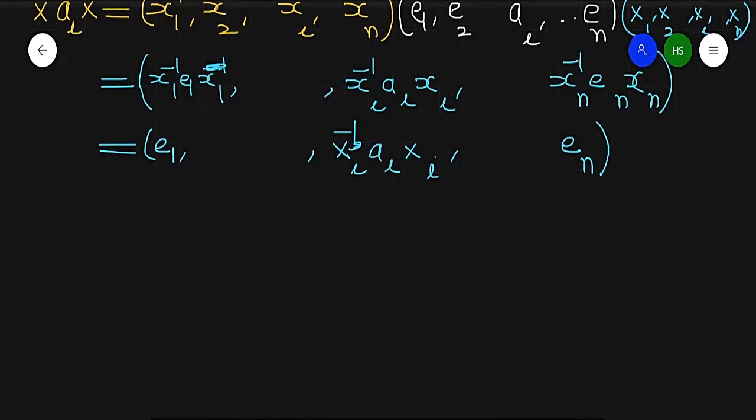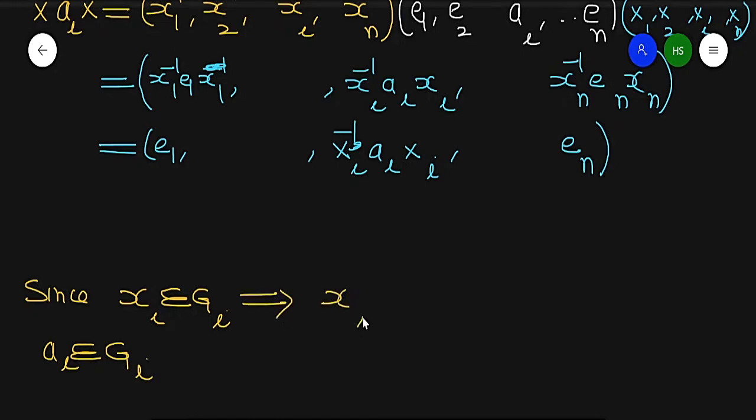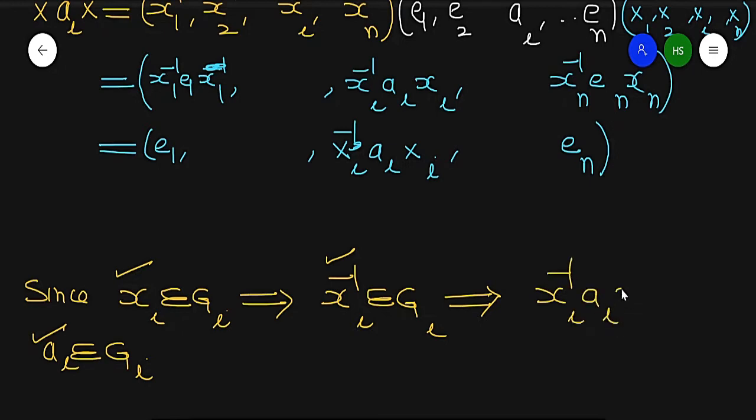Now since xi belongs to Gi, also we know that ai belongs to Gi. Gi is a group, so it implies its inverse also belongs to Gi. So all the three elements belong to Gi, then their product, because it is closed under binary composition, xi inverse into ai into xi, belongs to Gi.